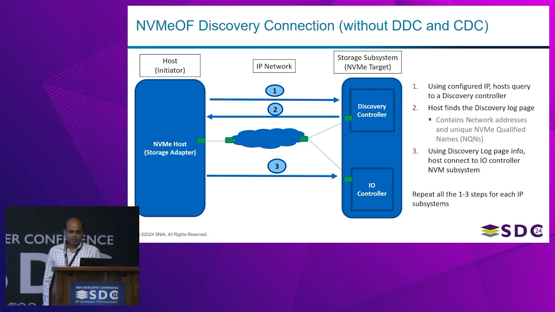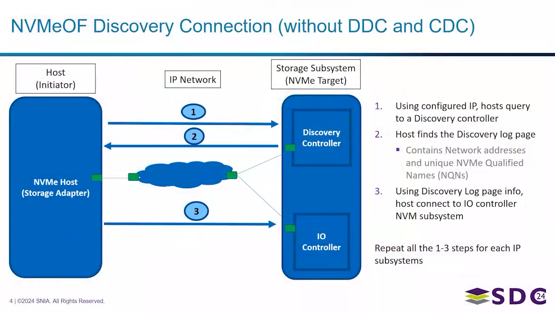When a host queries a discovery controller using a configured IP, in return the host finds the discovery log page. The discovery log page has information about the network address and the NQN, the NVMe Qualified Name, and using this information, the host connects to the IO controller for doing further IOs.